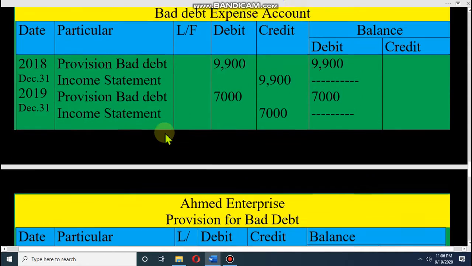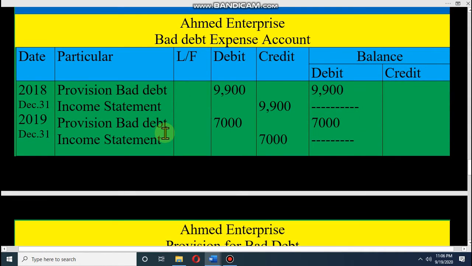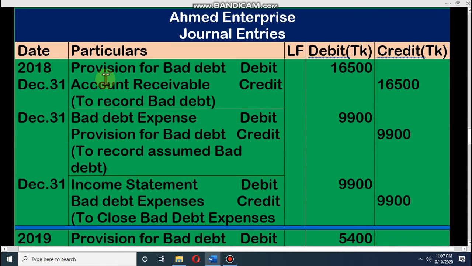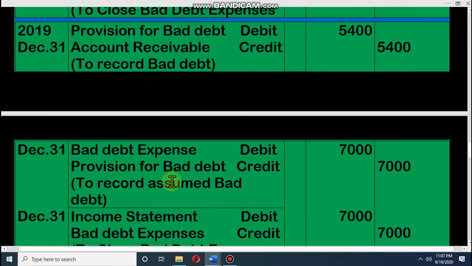Now dear student, the ledger account. All of you know that in the ledger there are 7 columns in modern balance format. For the ledger account we have to do posting, and you have learned in class 9 and 10 how to do the ledger. For the bad debt expense account, look at the journal: we have bad debt expense in this journal and in this journal. So you have to write the opposite account: here provision for bad debt, here income statement.